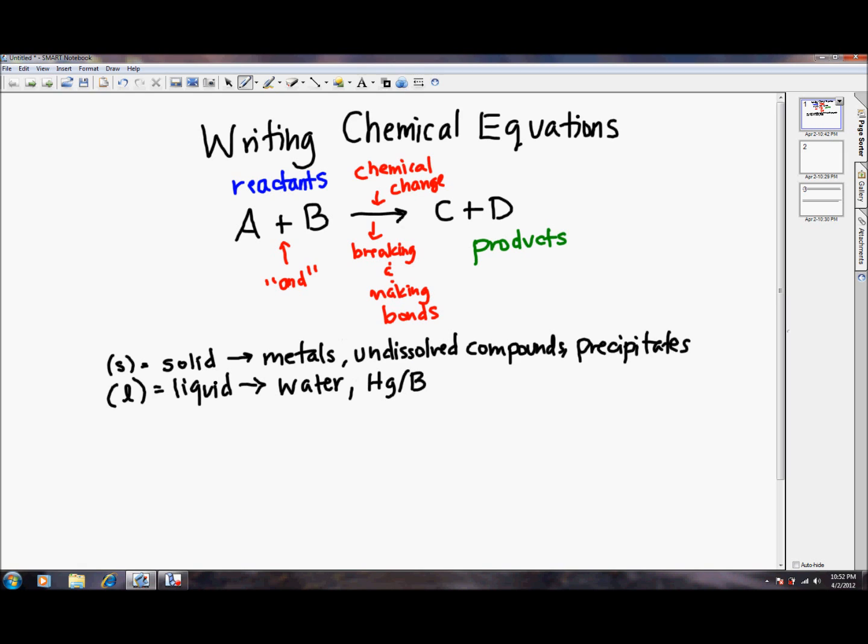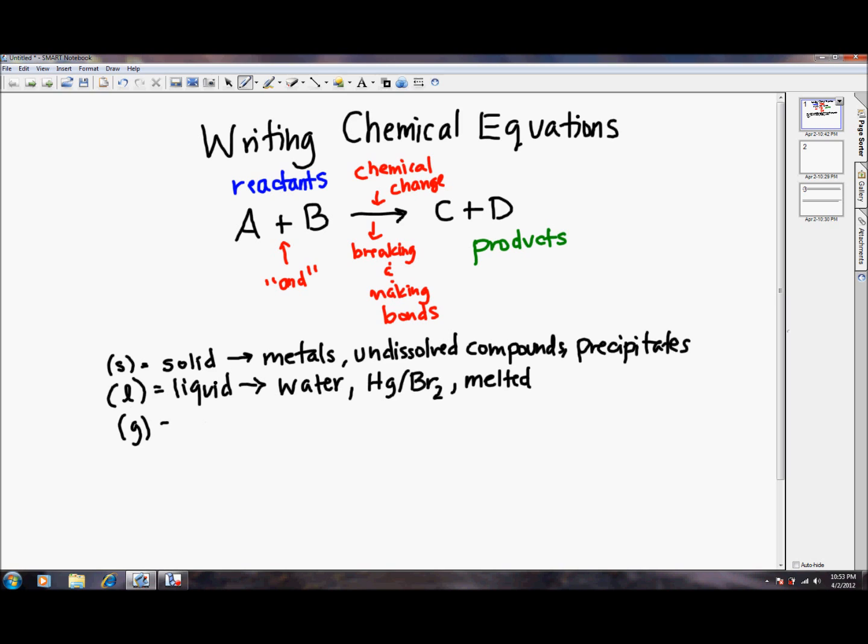It's also used if the element mercury or the element bromine is present in the chemical reaction, either as a reactant or a product. We'll talk about what the 2 in the bromine is in just a minute. So mercury and bromine are the two elements that are liquid at room temperature. And also, if a substance is described as being melted, it will receive the l designation.